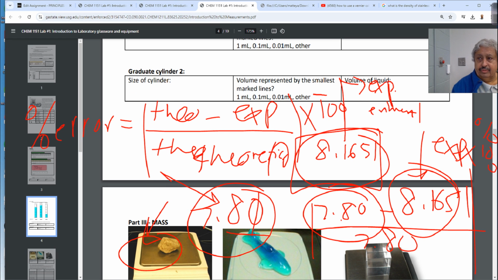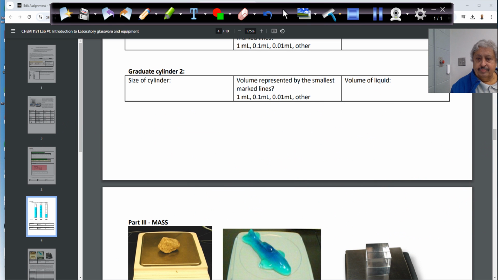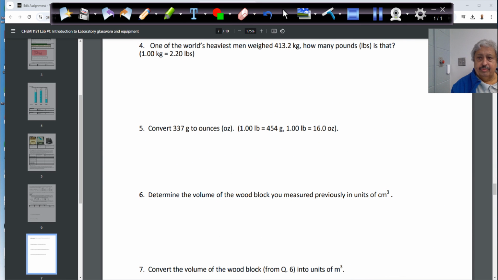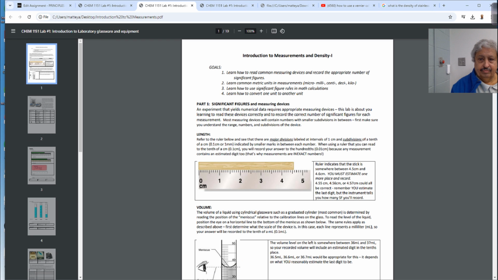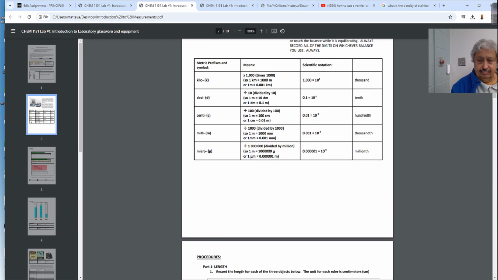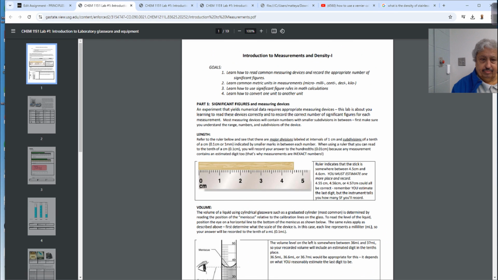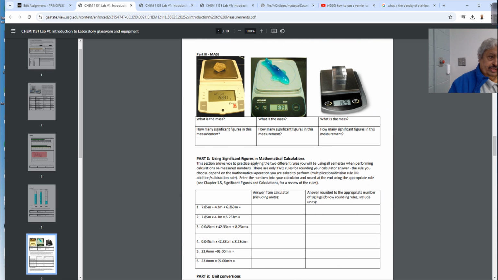Let me take this one out. So here it is, and that's the procedure here. For some reason, that's the density, but that's not his lab report. I don't know why it's taken out, but here it is.